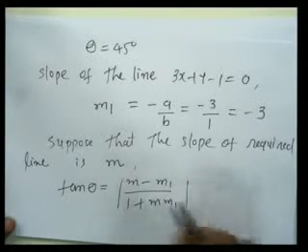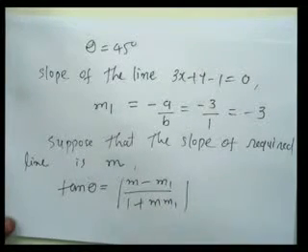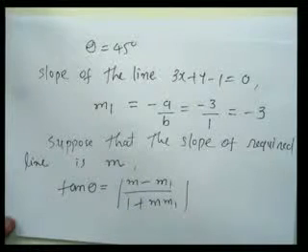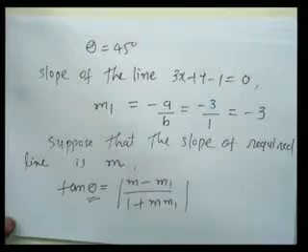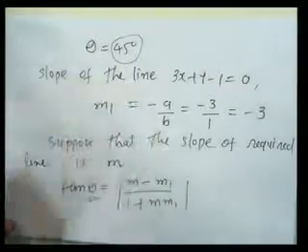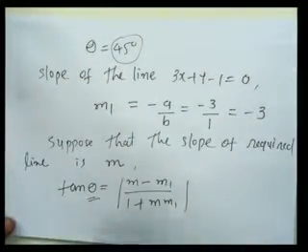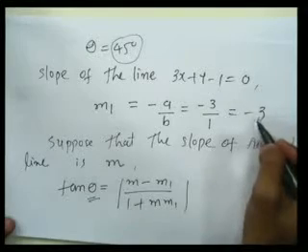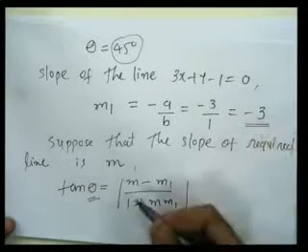We can also say that is m2, but it is okay to take m, which is the slope of the required line. Here theta is equal to 45 degree, and m1, which is the slope of the first line, which is minus 3, is also given.